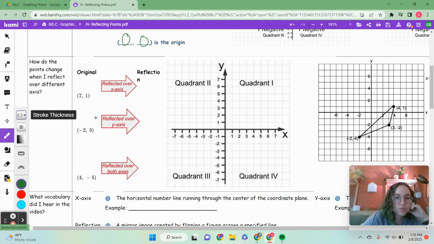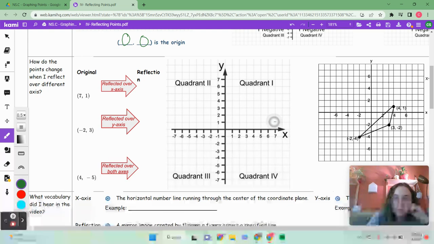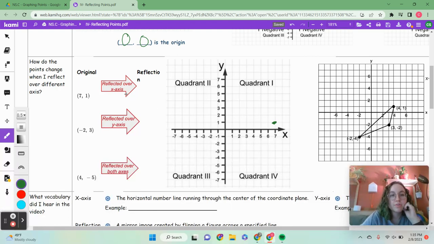If I want to graph the point (7, 1), I can go to the right 7 on the x-axis and then up 1 to have a y-coordinate of 1. So roughly right there. If I want to reflect that over the x-axis, that means I want to take it from where it is and flip it vertically.